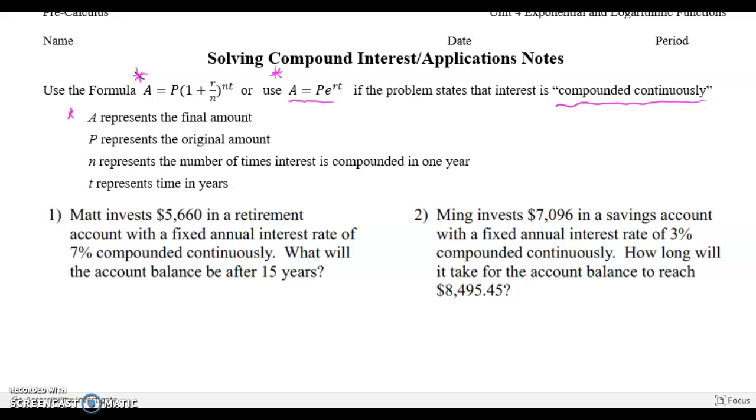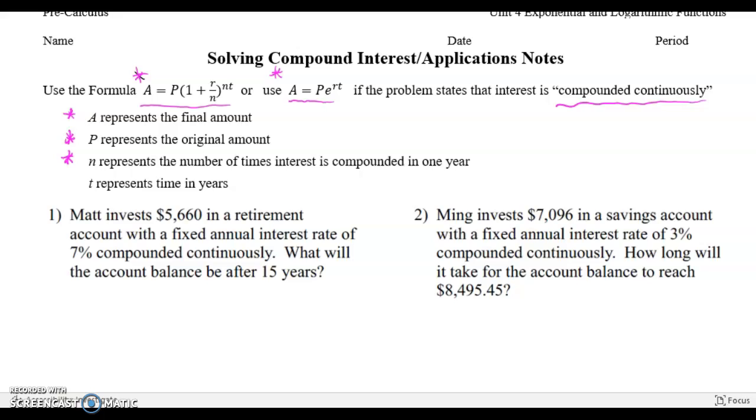A for both formulas represents the final amount. It can be the final amount of money, the final amount of bacteria, whatever it is. P represents the original amount of money, the original amount of cells, whatever it is. n is only used in the first formula, and it represents how many times money will be compounded in a year.